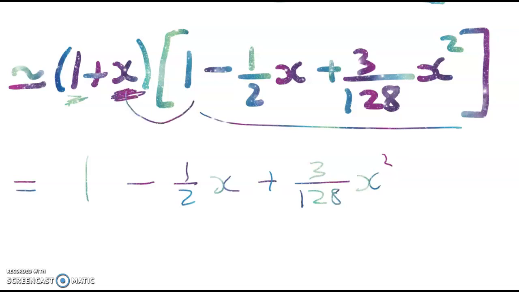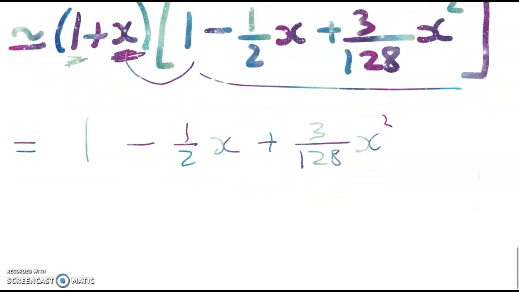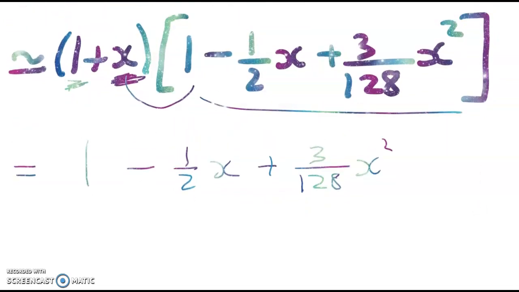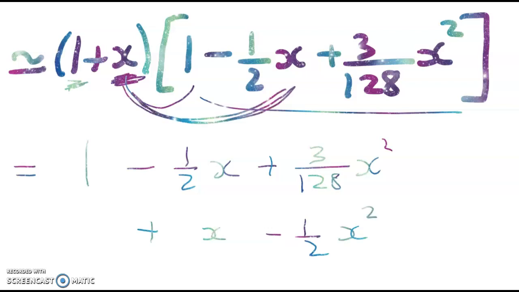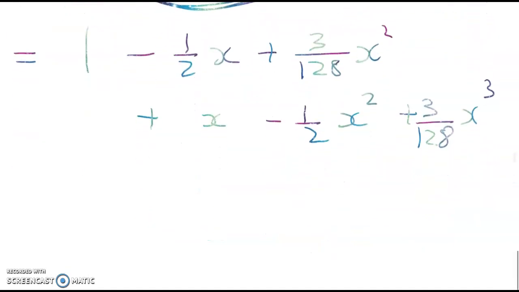I'm going to have x times each of these. Now we're just asked for the first 3 terms, so we don't have to take this fully through, but we get plus x here minus 1/2 x squared, right, for that bit. And then we'd have plus 3 over 128 x cubed. But we're probably not going to bother with that because that would be a 4th term.